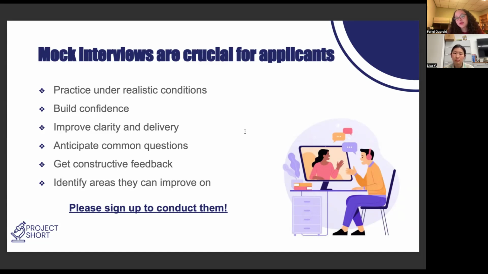They can also anticipate common questions, and so they can have answers to some of the typical standard interview questions. They also get the opportunity to get constructive feedback, which is really important, and that allows them to identify areas that they can improve on. And so we really encourage you to sign up to conduct them because they're a really valuable resource and it's very helpful for the candidates.